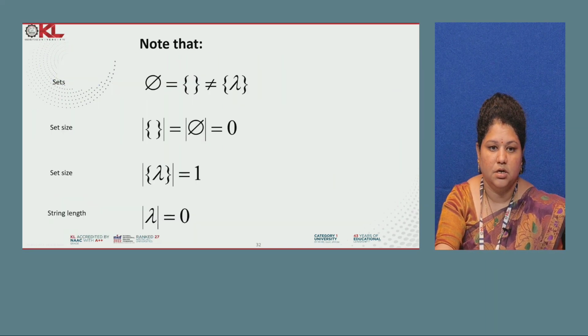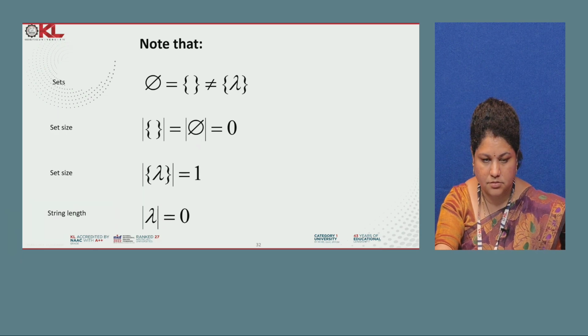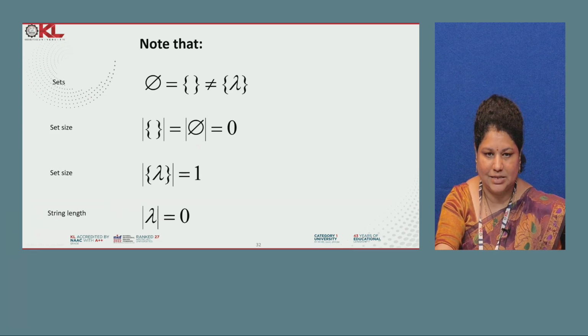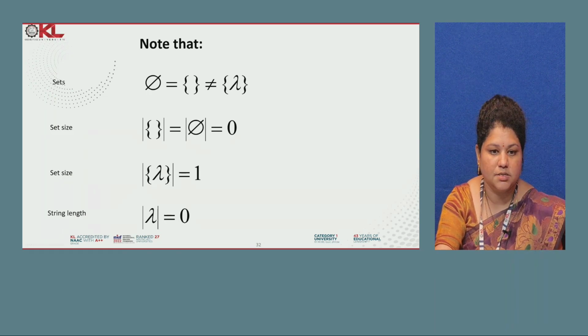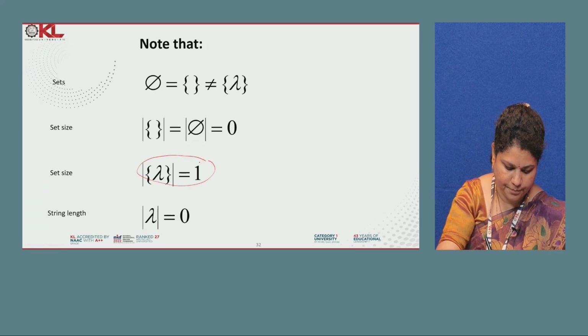So here phi is nothing but a null set, and set size we can call it as mod phi. Set size means how the length can be denoted for this set; we can represent it in this way.